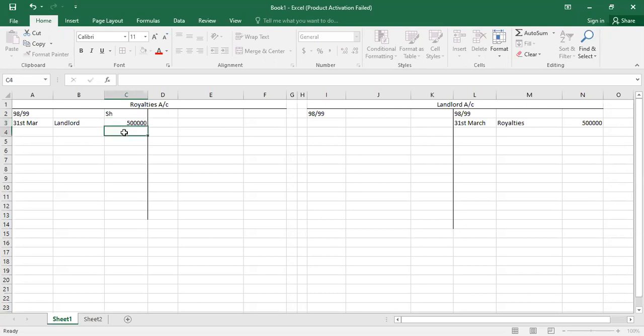So that is our first transaction, that is for year one.